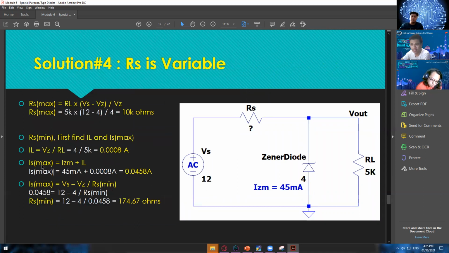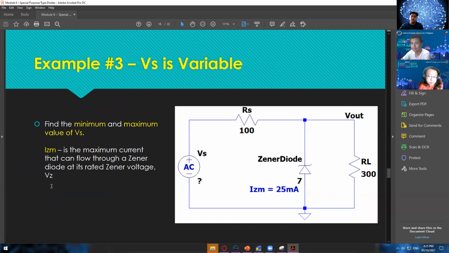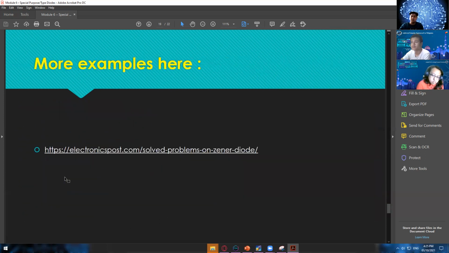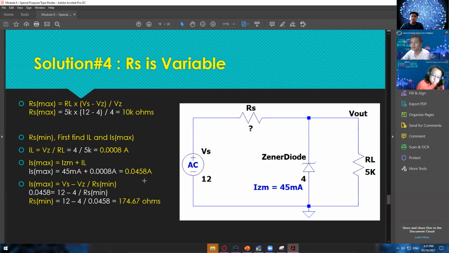Because the others, the IL, IS, and so on, are already in these given formulas. Anyway, are we clear with solution number 4?